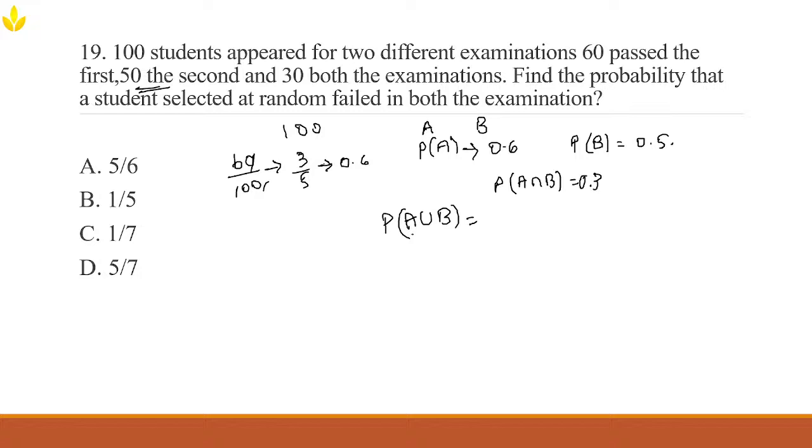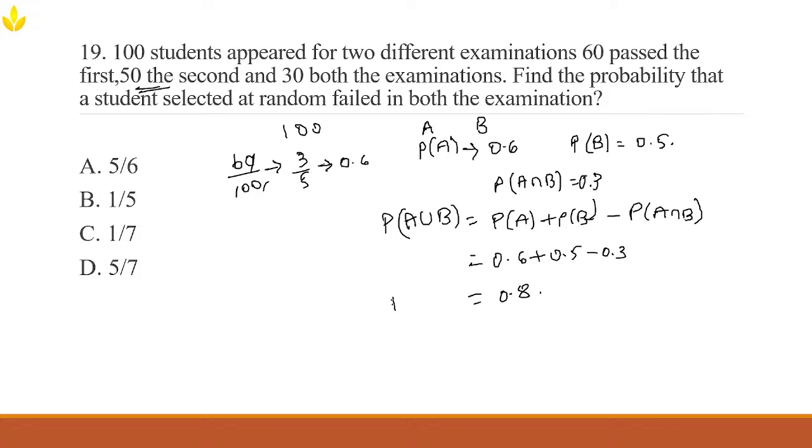That will be the probability of A union B, which is nothing but probability of A plus probability of B minus probability of A intersection B. So the value will be 0.6 plus 0.5 minus 0.3. That is 0.6 plus 0.2, which gives you 0.8.